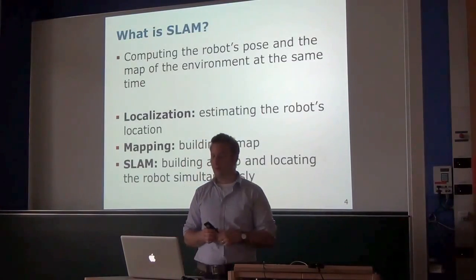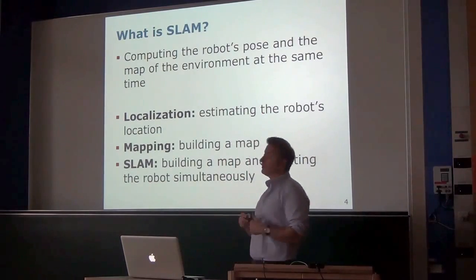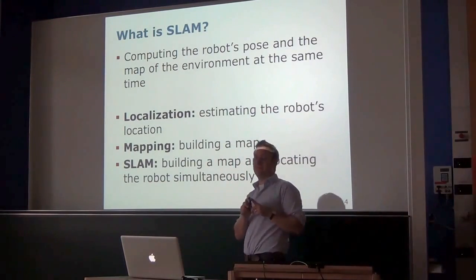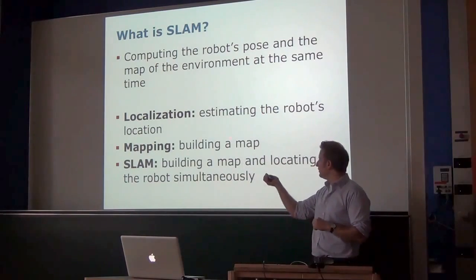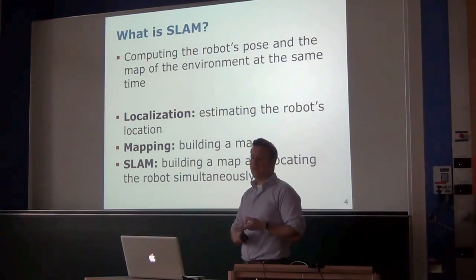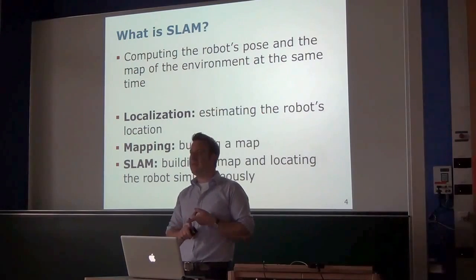Okay, so what is SLAM? As I said before, we want to compute the pose of the robot and the map of the environment at the same time. And this is just for completeness. Localization is estimating the robot's location, typically given a map.